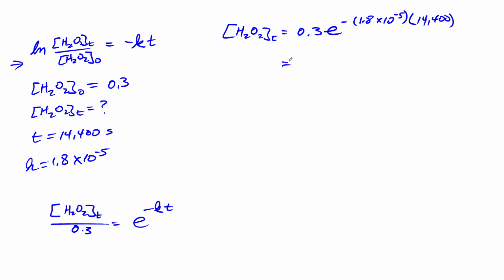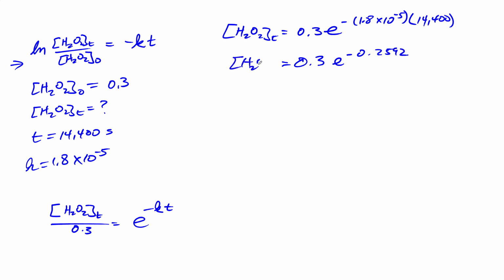Now, I want to point out with this, I would do the exponent first, so take 14,400 times 1.8 times 10 to the -5th, and then multiply it by -1 to make it negative. So we have 0.3 times e to the minus 0.2592.